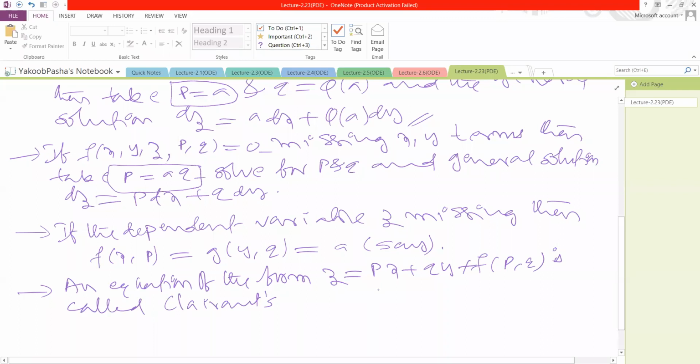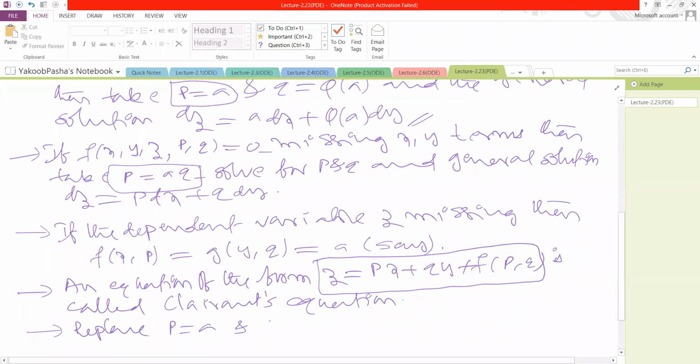The form is very important. z = px + qy + f(p, q), where p = ∂z/∂x and q = ∂z/∂y. So it is called Clairaut's equation. To find the solution of Clairaut's equation, just replace p by a and q by b, where a and b are arbitrary constants.